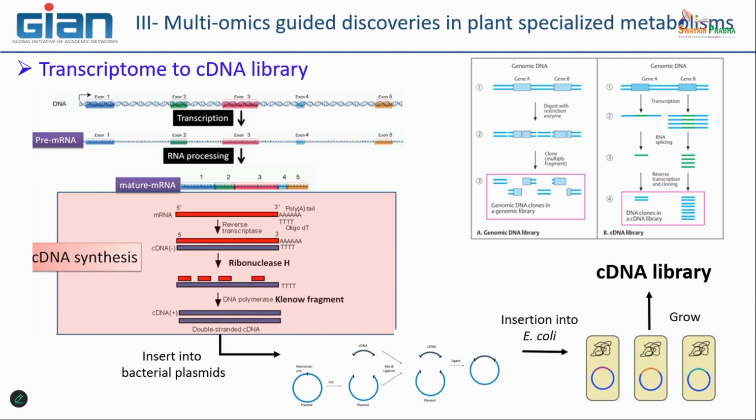Just a slide, I don't know if you know how to produce complementary DNA libraries. So just a slide to be sure that we have exactly the same information. You know that from the DNA, there is a transcription step leading to specific mature mRNA. I go fast.